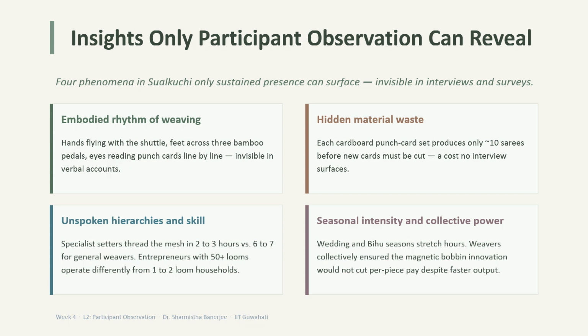Weavers collectively ensured that the magnetic bobbin innovation, which made changing color within a motif faster, did not cut their per piece pay despite the faster output, and because of their collective effort, the entrepreneurs could not exploit them.